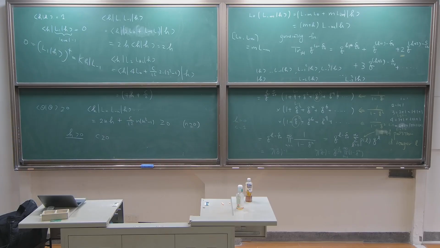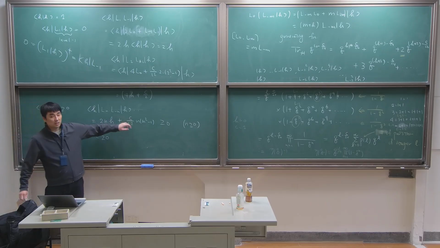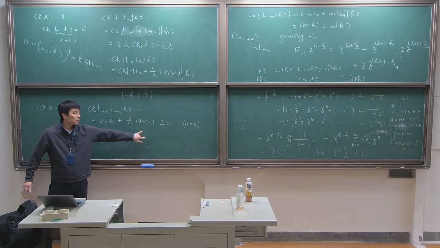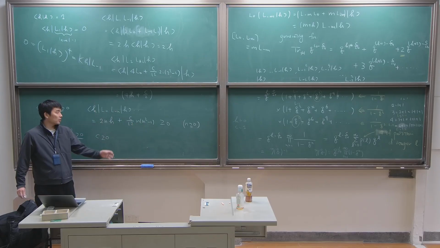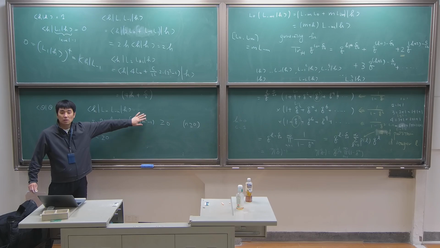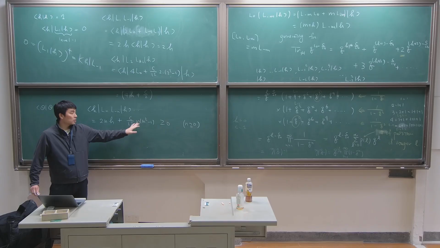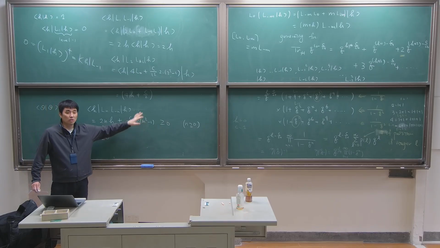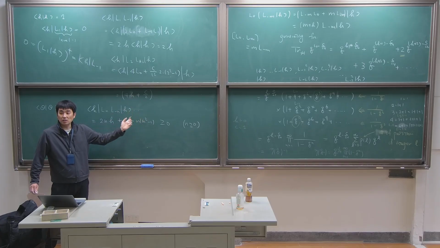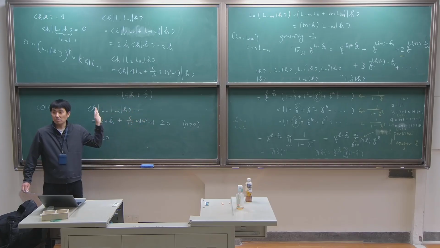Because if C is negative, this is cubic in n. So if n is very big, this term dominates, because this is n cubed and this is linear in n. So if n is big, this term dominates. So if C is negative, the inner product becomes negative.